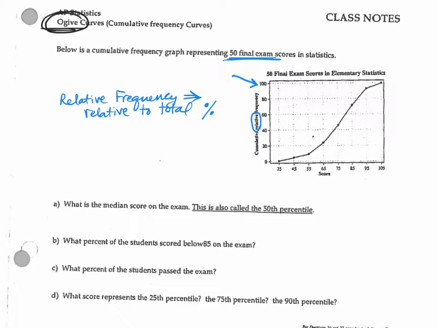So this is 100% of the 50 exams. All right, so I want to make sure that when you read these, you focus on the labels. You have to really decide if your labels on the side are just cumulative frequency or cumulative relative frequency, or if it's just regular frequency, okay?